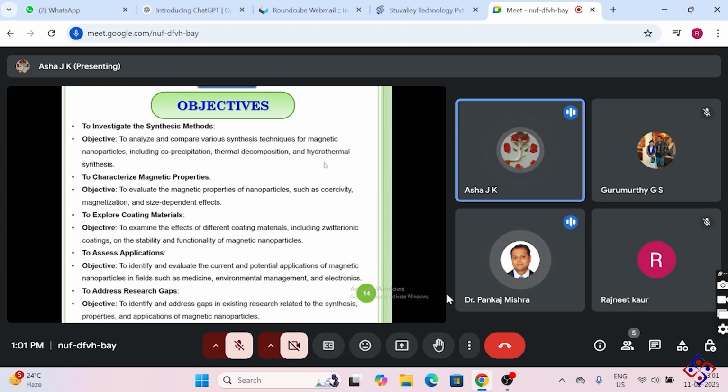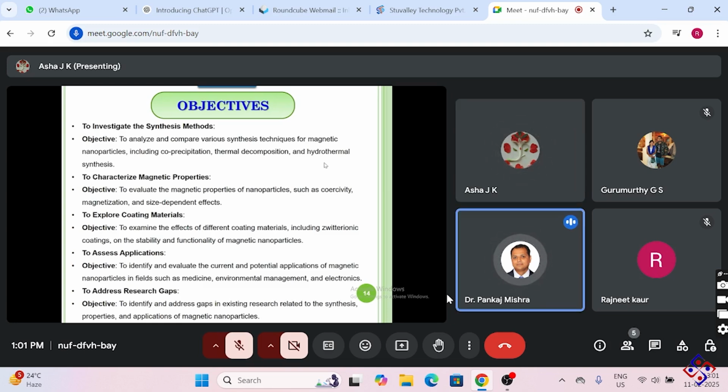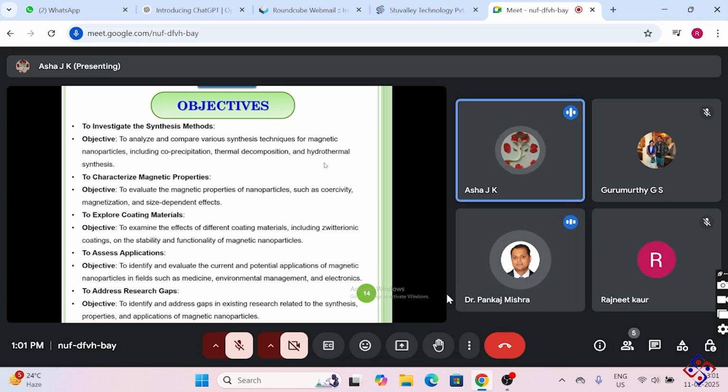Sir, the present researchers in this field are doing research on the superparamagnetic behavior of the nanoparticles, which strongly interact with the external magnetic field. That property helps to get a clear scanning in case of MRI.